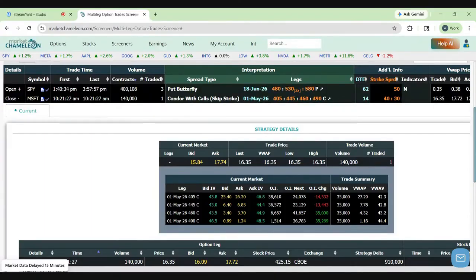And we see a big drop in open interest on the 405, 445 calls. So these are all in the same expiration, May 1st.